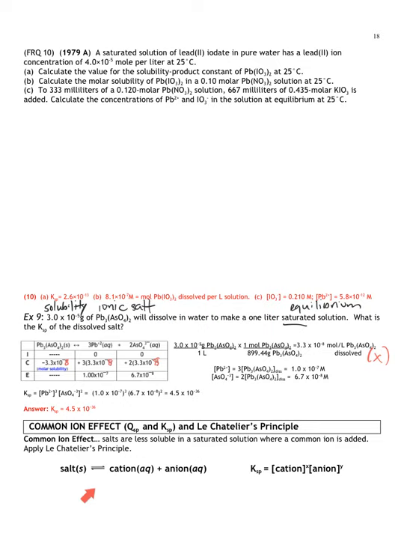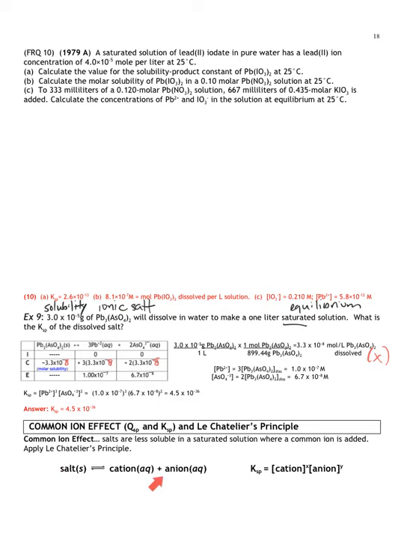So here's my Ksp reaction. Here's my Ksp expression. If I add a common ion like a cation, so I add a salt that has that cation into a solution that is saturated of this salt, it pushes the equilibrium in the reverse direction, which means that it decreases the amount of the salt that will dissolve.